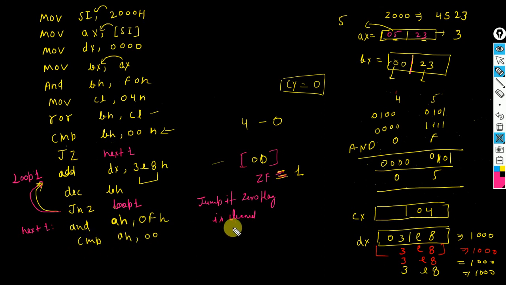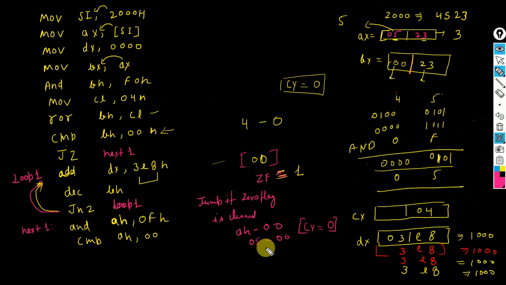We execute the compare instruction: AH minus 00. The AH content is 05 minus 00, which means our carry flag status is 0.